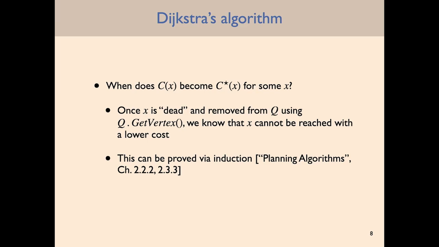So basically when the vertex becomes dead, we know that x cannot be reached with a lower cost. This is not completely obvious, but it's something that you can prove via induction. And if you want to see the proof, that's laid out in chapter 2.2.2 and 2.3.3 in the planning algorithms book.